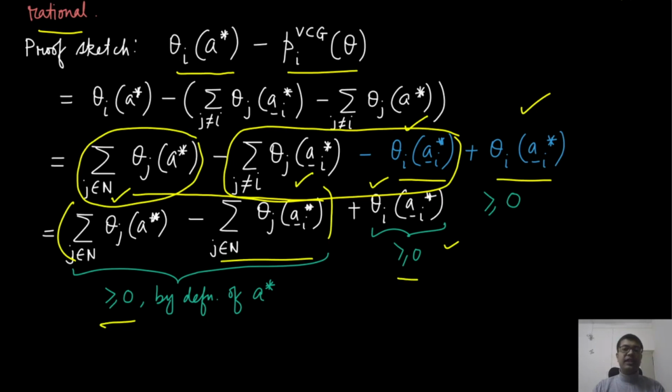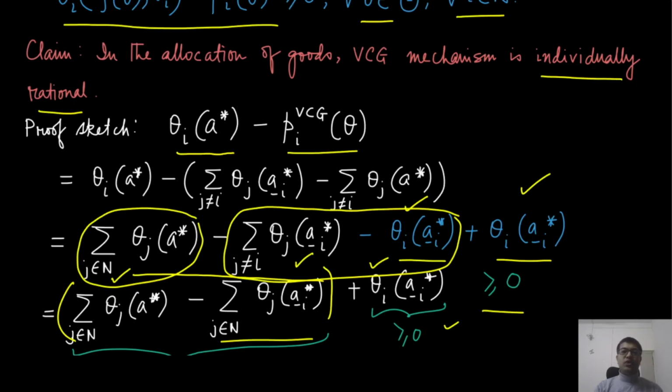It cannot be negative in this context. So therefore together this valuation of player I is going to be always non-negative, and because we have chosen this type and the player to be arbitrary, it applies to all theta and all I. So therefore the VCG mechanism is essentially individually rational.